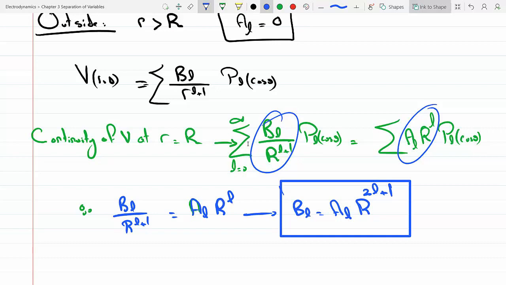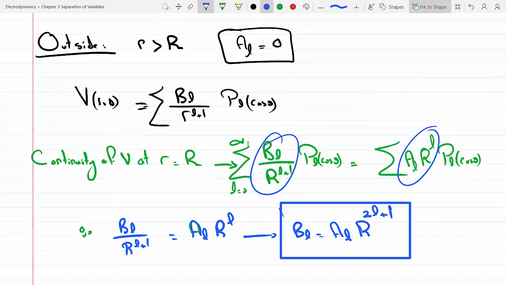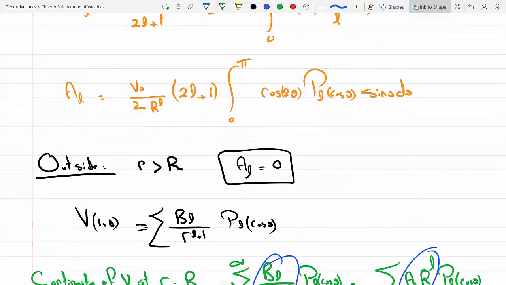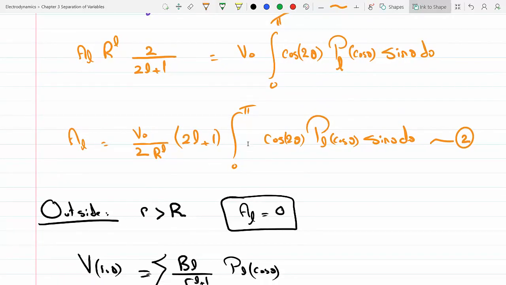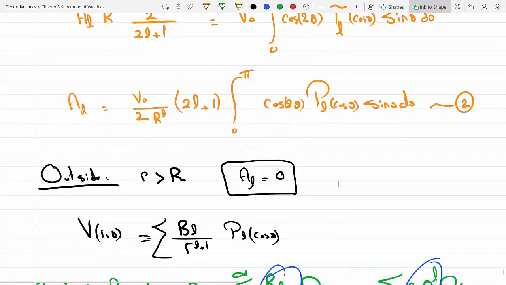Now that I have them related, let me go back to this gold equation here, and let me call this equation 2, because I'm gonna get A_L out of equation 2. Notice this cosine 2 theta here.